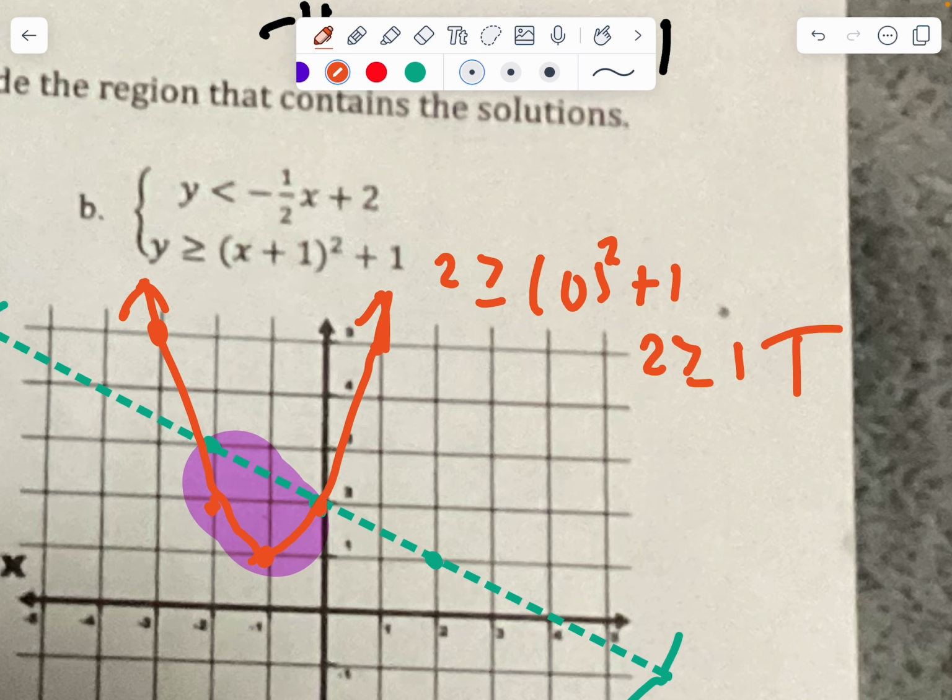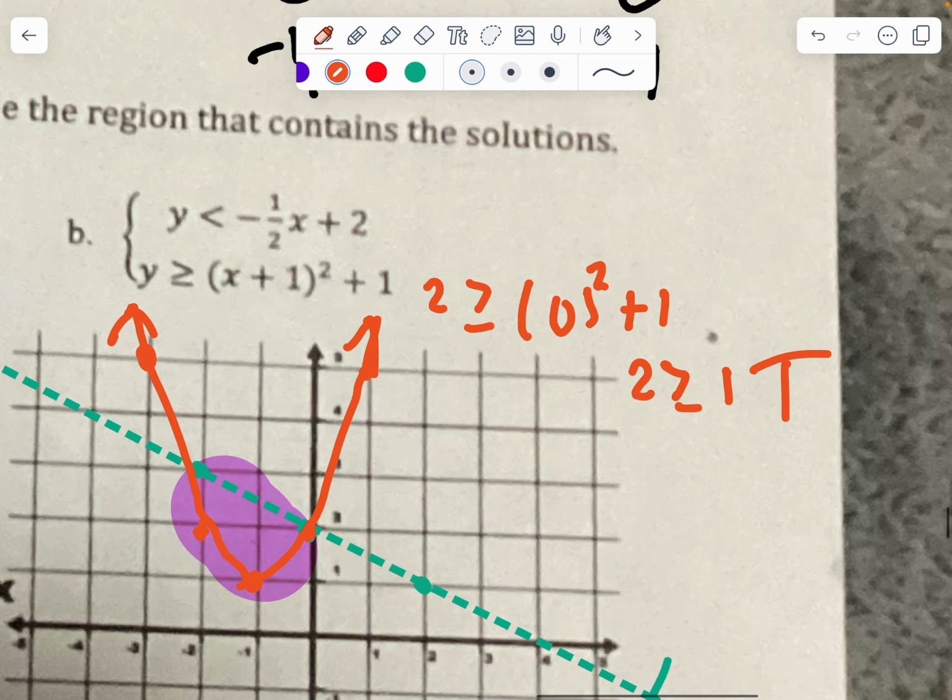Put a T there. 2 is less than negative 1/2 plus 2.